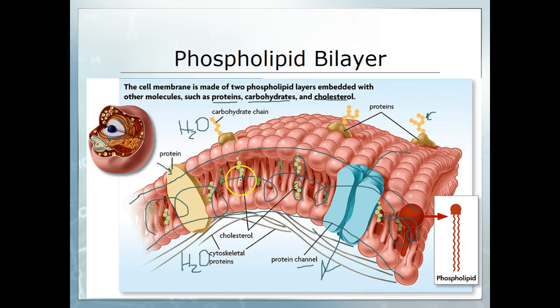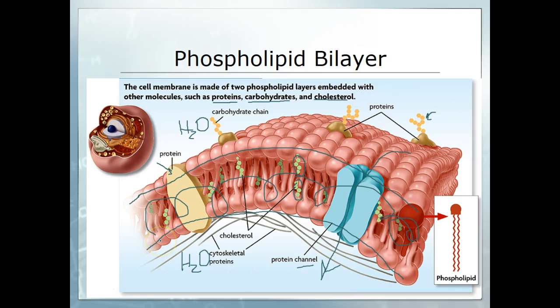These cholesterol molecules are exactly what that mortar is in a brick wall. They add the structural integrity to the membrane. The membrane would not be as strong as it is without the cholesterol. Phospholipids create the actual barrier. Proteins allow the membrane or cell to communicate with other cells and bring materials in and out. The cholesterol holds the membrane together.